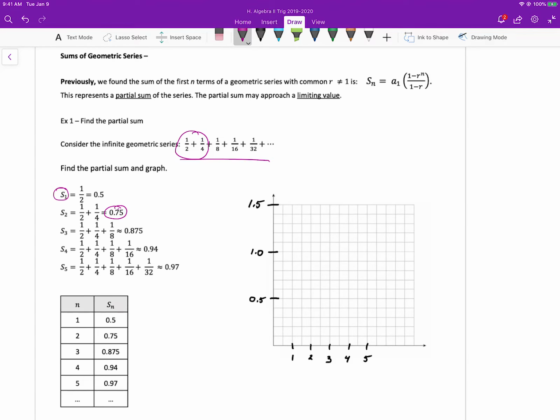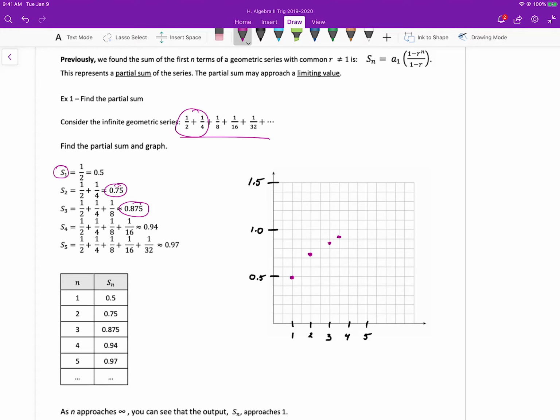Okay, first three will be about here. Sum of the first four, and sum of the first five. And I'm already off one. That's okay, I can fix that.